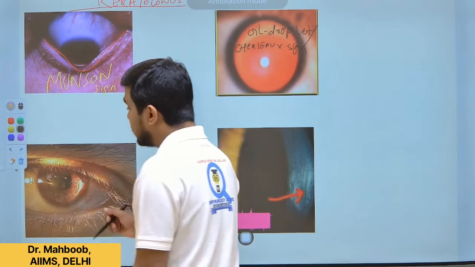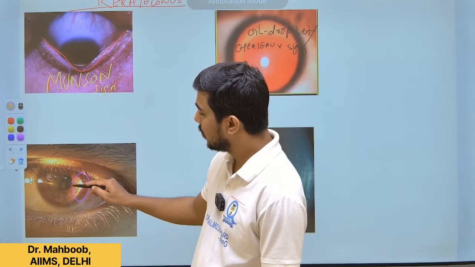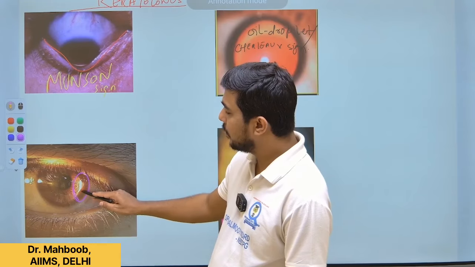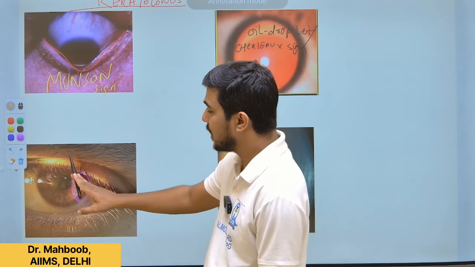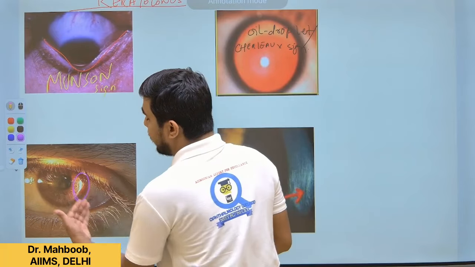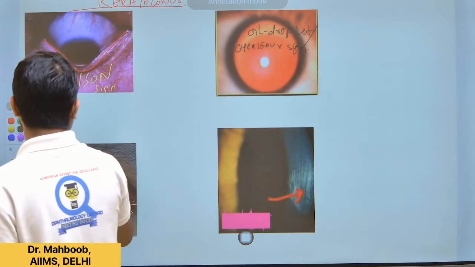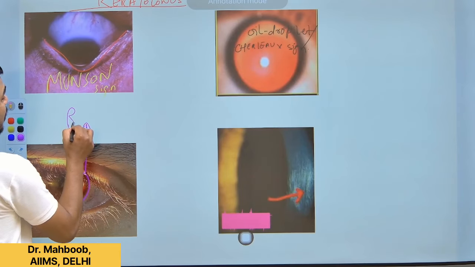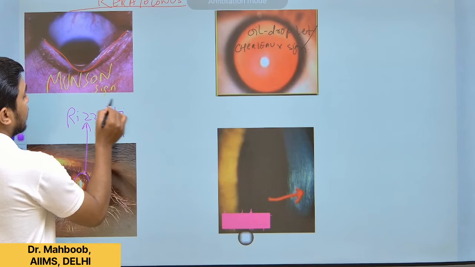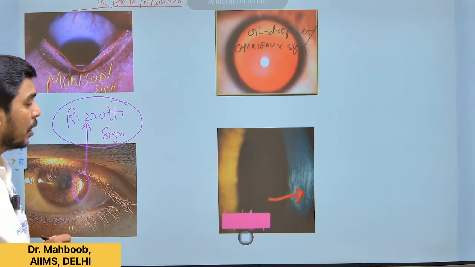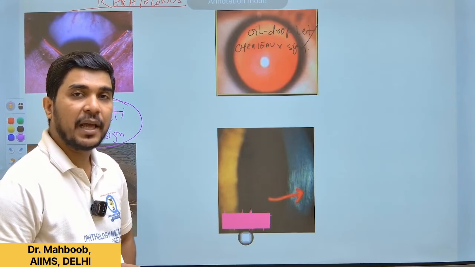Now what is this? You can see here there is something bright on the edge of the cornea when the light is coming from this direction. So in oblique illumination, when the light is shining on the edge, this is called Rizzuti sign. So this is also a sign of keratoconus. Now what you are seeing is striations of the cornea on slit lamp.